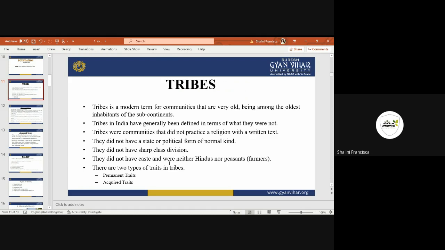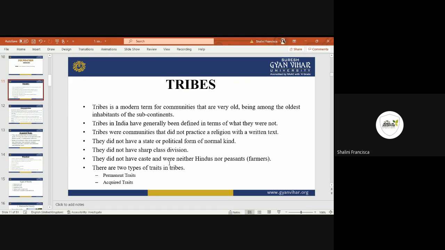Whatever the function is, maybe they belong to the same division, so they don't have further subdivisions in their existence. They do not have caste and were neither Hindus nor peasants. As the sentence makes clear, they were not of any caste, so they were outside the hierarchy of the caste system.